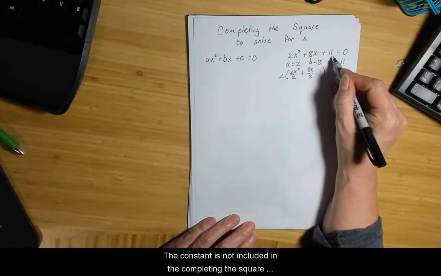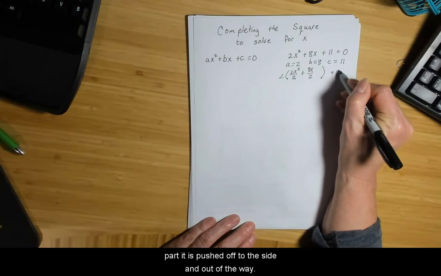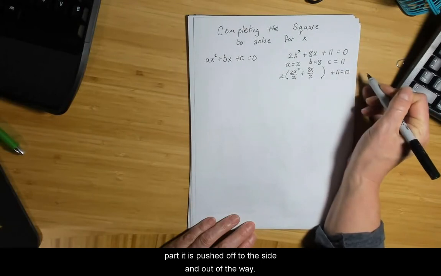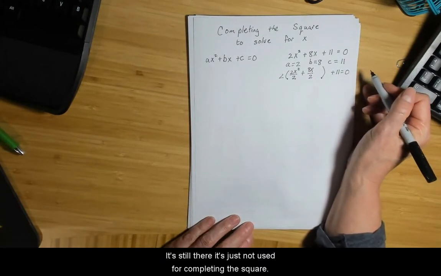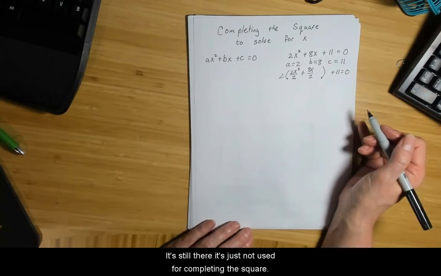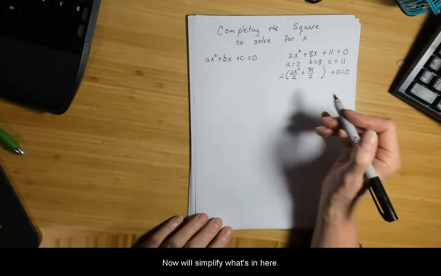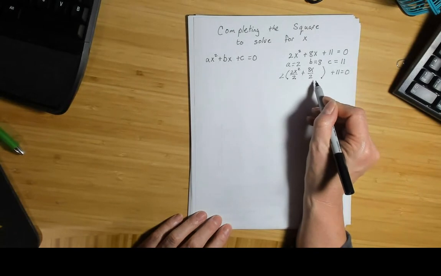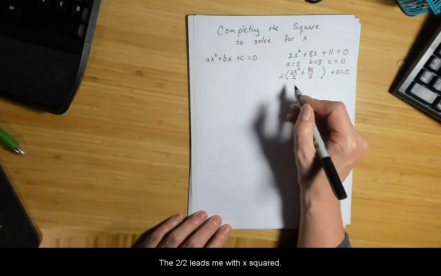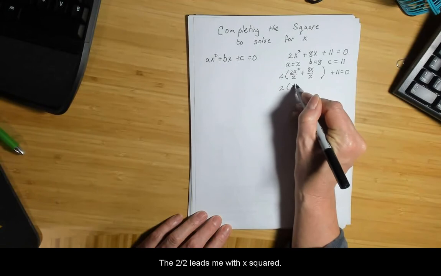The constant is not included in the completing the square part. It is pushed off to the side and out of the way. It's still there, it's just not used for completing the square. Now we'll simplify what's in here. The 2 divided by 2 leaves me with x squared.